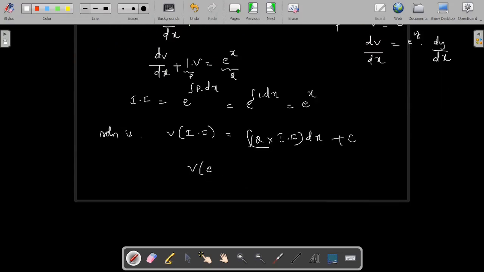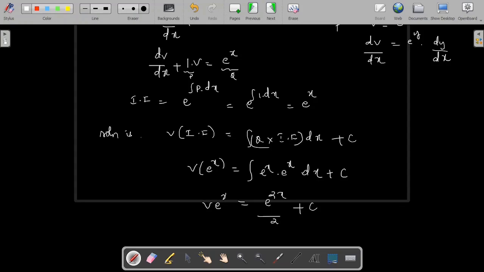So v into e to the power x is equal to integral of q, which is e to the power x, into e to the power x, the integrating factor, with respect to x, plus c. This is e to the power x plus x, which is 2x. Integral of e power 2x is e power 2x divided by 2, plus c.